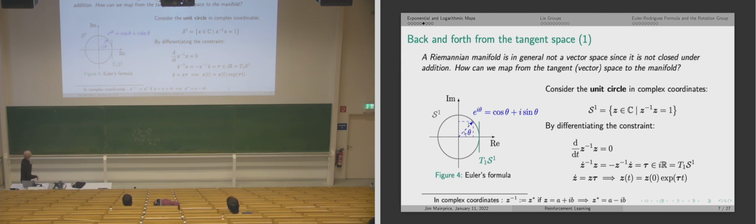That initial velocity, or that velocity at the identity, is a pure imaginary number. I think that's the key idea here to remember. So that's the exponential map in the case of the circle. It's just the exponential, and it comes from the ODE that arises from the group constraint, from the constraint of being on the circle.